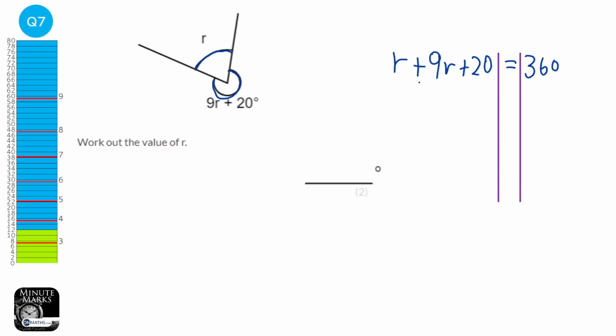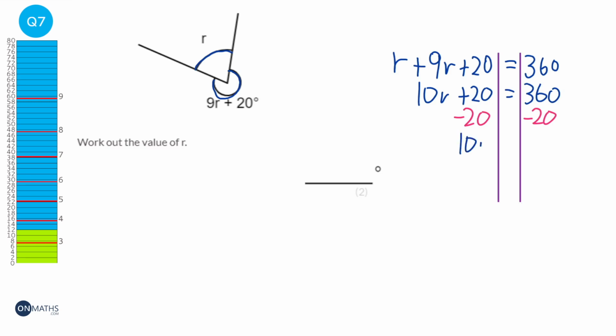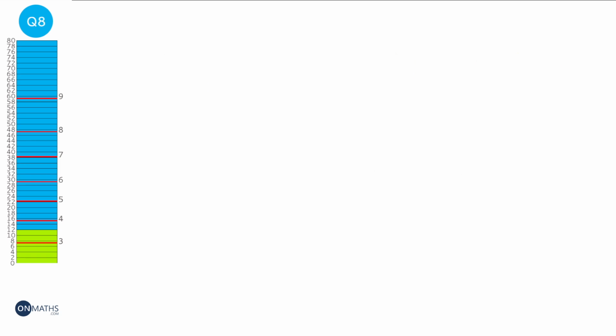And so that will be 10r plus 20 equals 360. Then we're going to subtract the 20 from both sides. So we have 10r equals 340. And then we're going to divide by 10 both sides. So we have r equals 34. So our answer is 34.